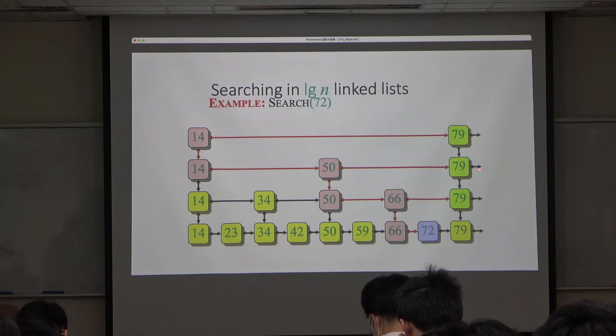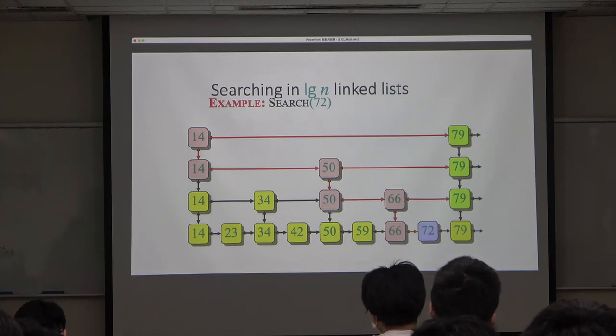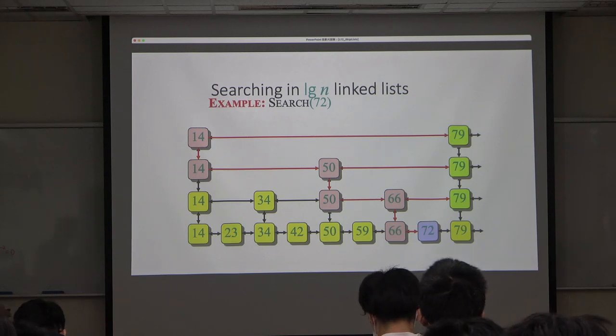Again, we go too far, so we go down. 50, 66, we go here. Then 66, 79, oh, we go too far, we go down. 66 and 72. So you can see that the similar idea applies here, right?